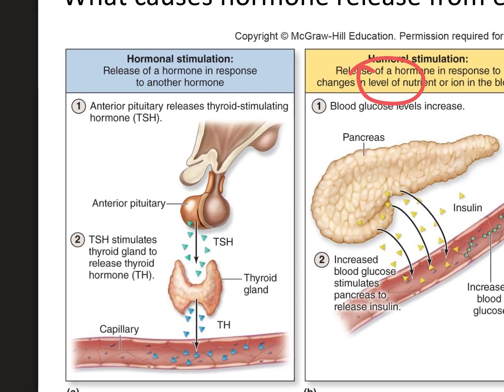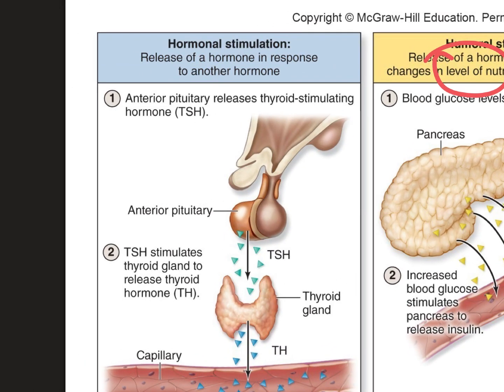What else can stimulate the release of a hormone? Well, another hormone. Because of the way the pituitary and hypothalamus work, the hypothalamus controls the pituitary, and in turn the pituitary controls things like the adrenal gland and the thyroid. So the hypothalamus produces a hormone, let's say thyroid releasing hormone, TRH.